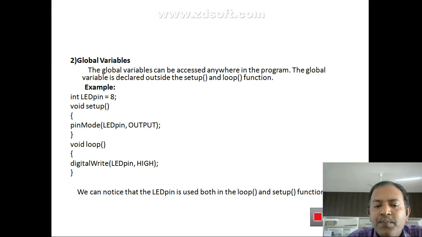Wherever LED pin comes, the pin number 8 will automatically be taken. You need not give the number 8 each time, so you just use the variable. If you mention any number or word, whatever it may be, it will be taken there.